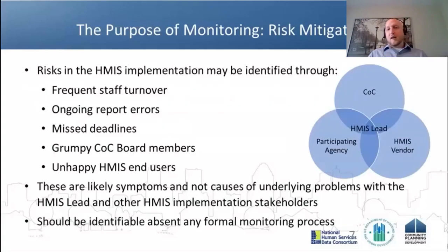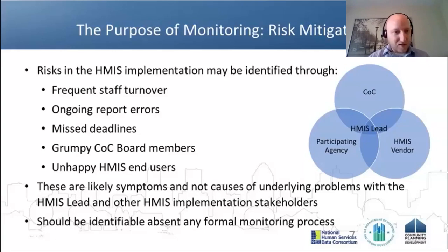So before we go any further, we might be thinking about some very, very common symptoms, if you will, right? At a very high level, without going deeper into the monitoring process, we might be aware of some risks or some problems or some underlying challenges within our HMIS implementation if we're seeing things like frequent staff turnover at the HMIS lead, ongoing report errors, missed deadlines.